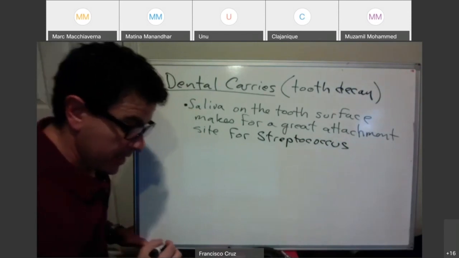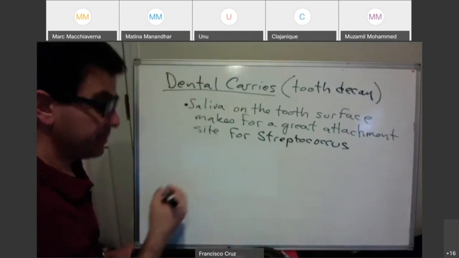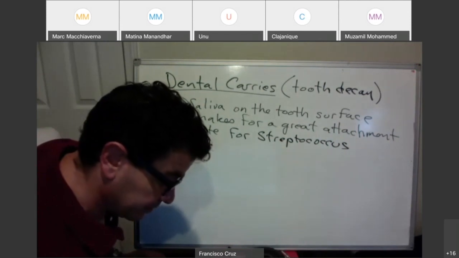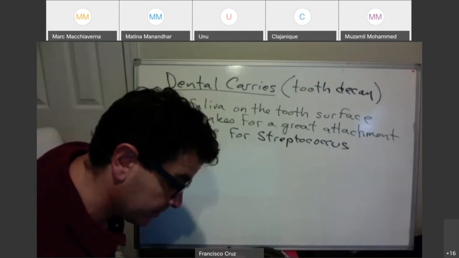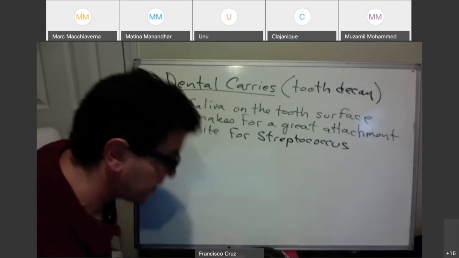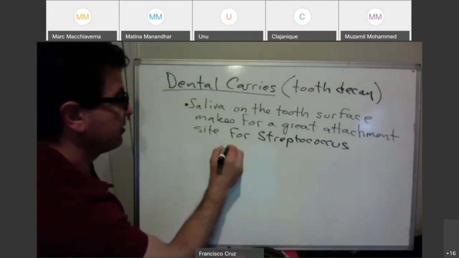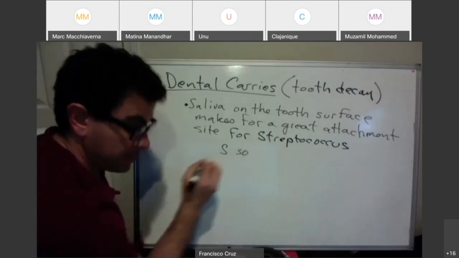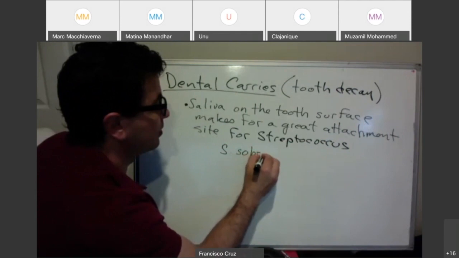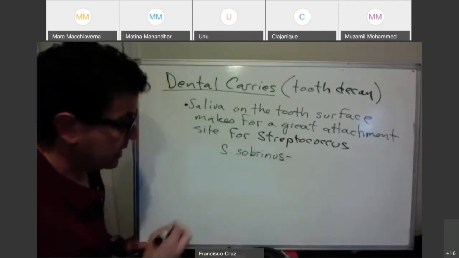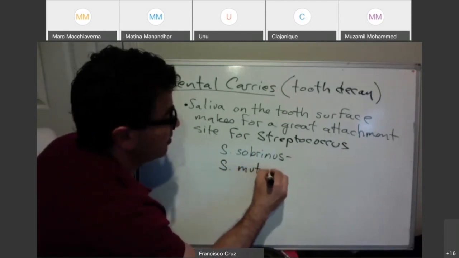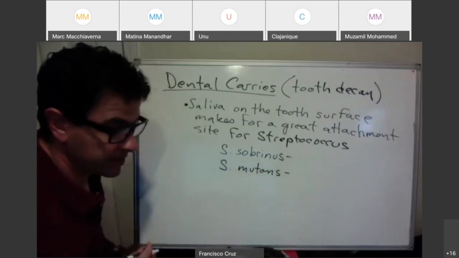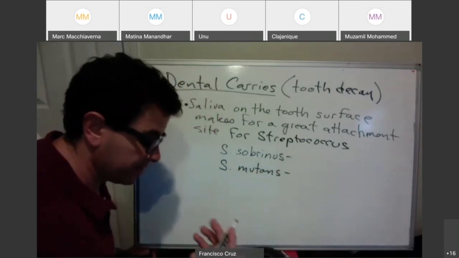Okay. And Streptococcus, we have two main species. We have Streptococcus sobrinus and we have Streptococcus mutans, and they both contribute in different ways to be able to establish a biofilm on the tooth surface.